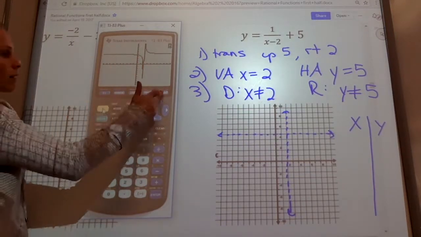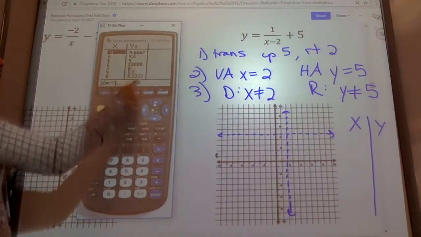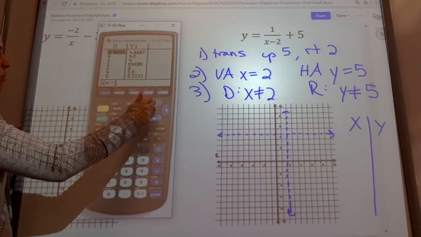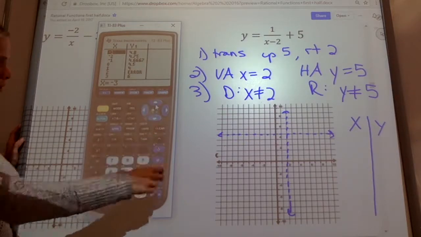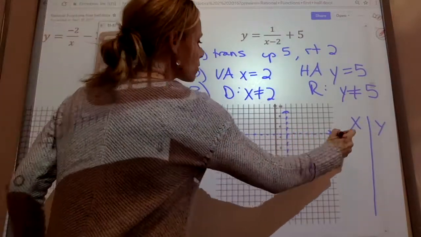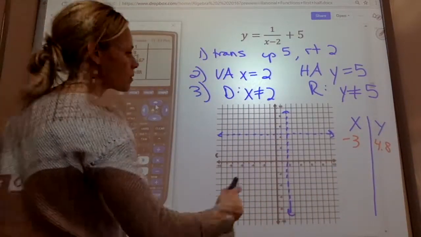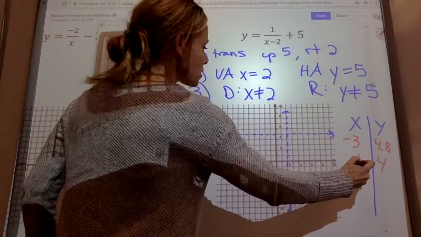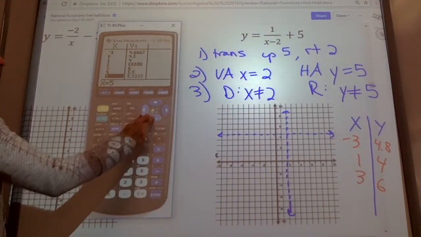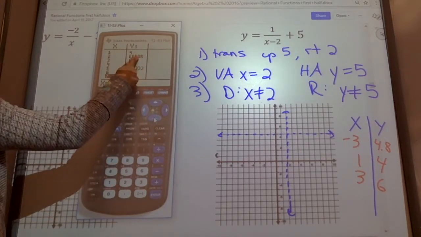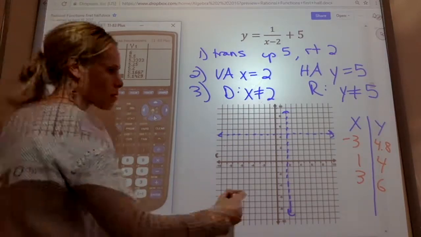So then I can go second graph, find some points. Again, there's my vertical asymptote at x equals 2. Let's see, what would be some good ones? -3, 4.8, 1, 4, 3, 6, and maybe one more. If you just get 2 points on each side of your vertical asymptote, that's probably good. 9 and 5.1.